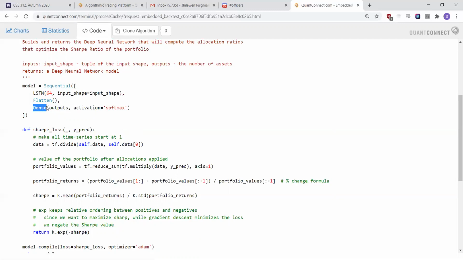And so it's just basic. Dense is basically a vanilla neural network layer. And softmax, what that does is it makes it so that everything sums up to 1. So say you have like 5, 5, 4, 4.